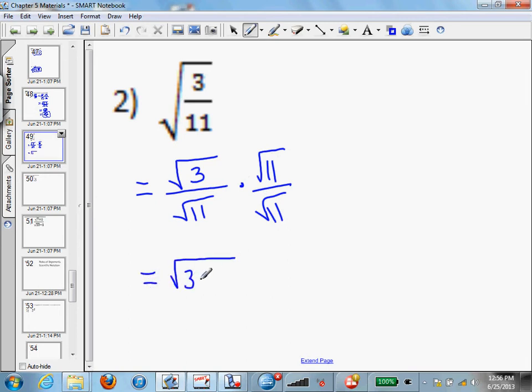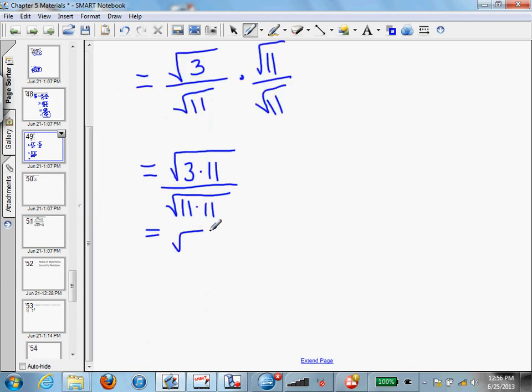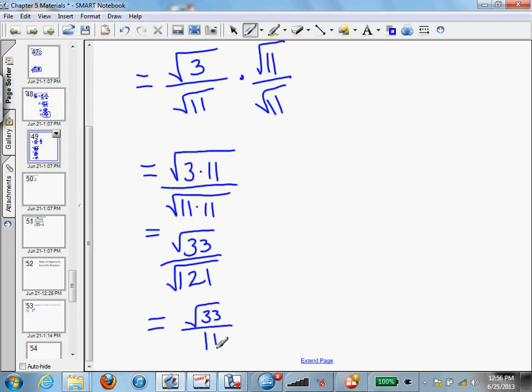Combining these, we get the square root of 3 times 11 over square root of 11 times 11. So we're going to get square root of 33 over square root of 121. And that's just going to become square root of 33 over 11.